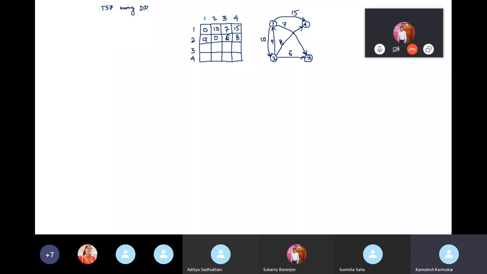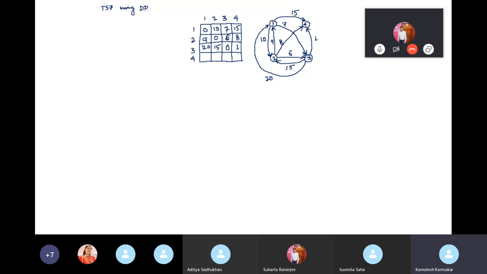Similarly, from vertex 3, say the distance to vertex 1 is 20. So 3 to 1 is 20. 3 to 2, if this distance is 15, then this value is 15. 3 to 3 is 0. And 3 to 4, if this distance is 1, then 3 to 4 is 1.